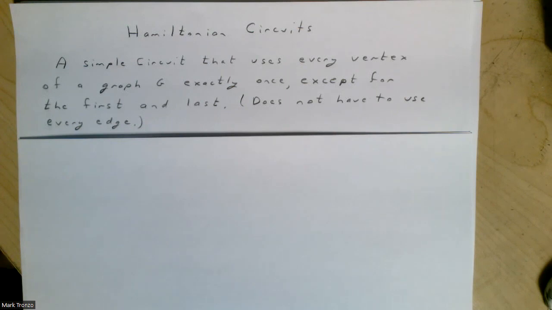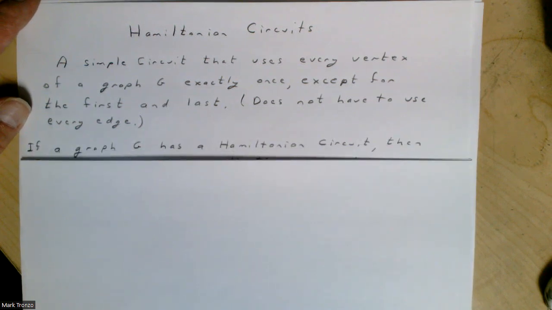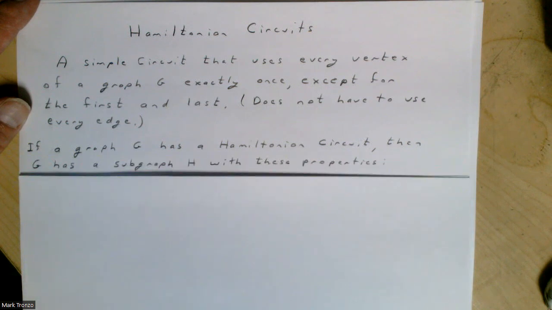Now, what criteria can you use to determine if you have a Hamiltonian circuit? Remember, for the Euler circuit, you just had to have the fact that it was connected and every vertex had an even degree. A Hamiltonian circuit needs a little bit more criteria. If a graph has a Hamiltonian circuit, then the graph has a subgraph, call it H, with these properties.